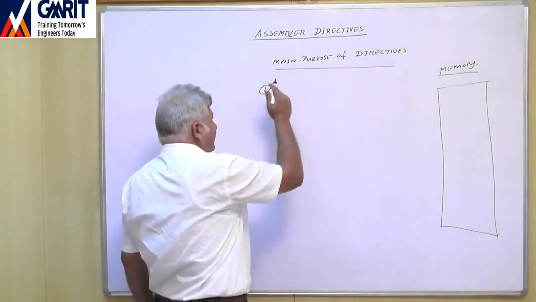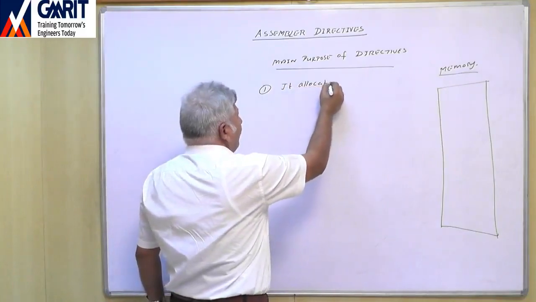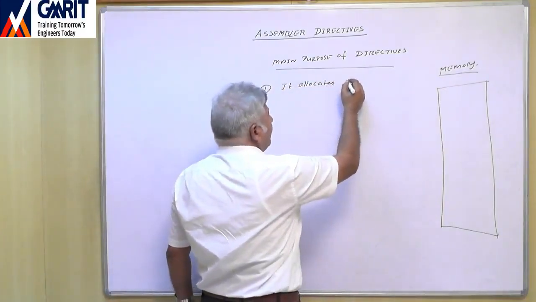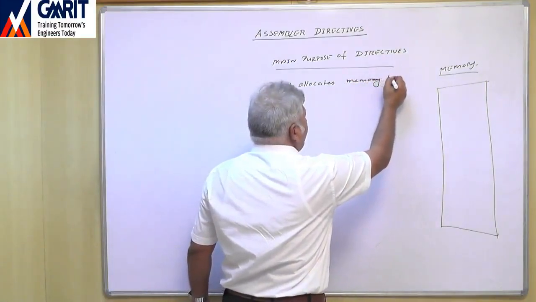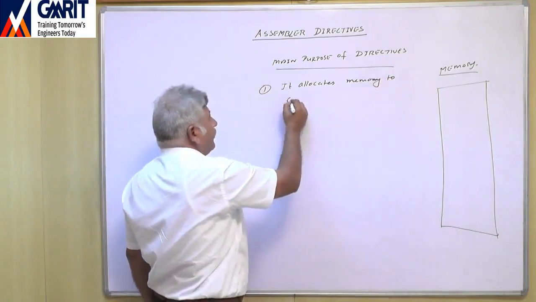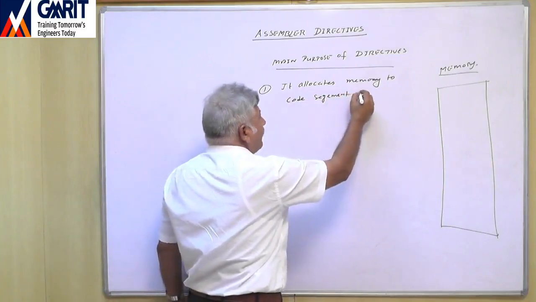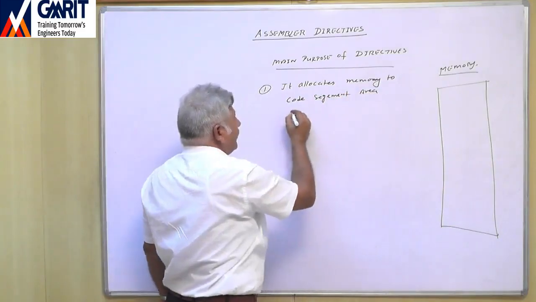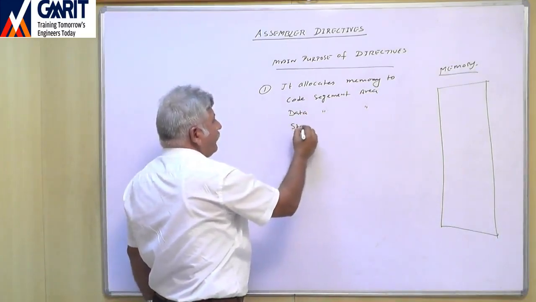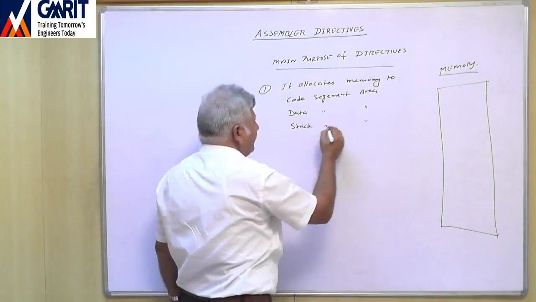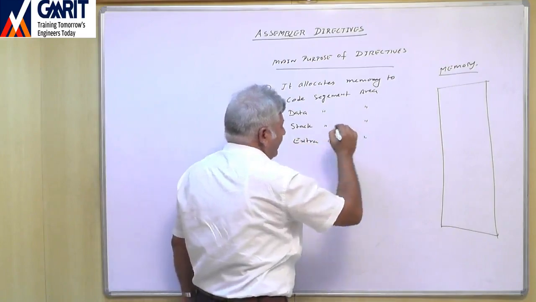So the first work is it allocates memory to the code segment area, data segment area, stack segment area and extra segment area, right?